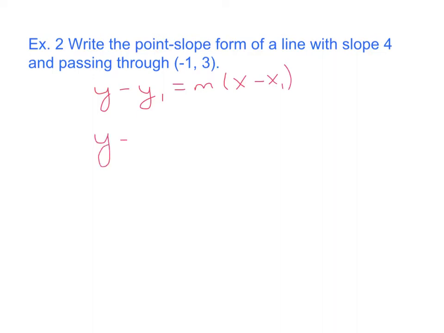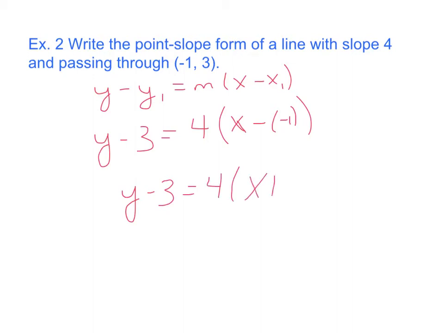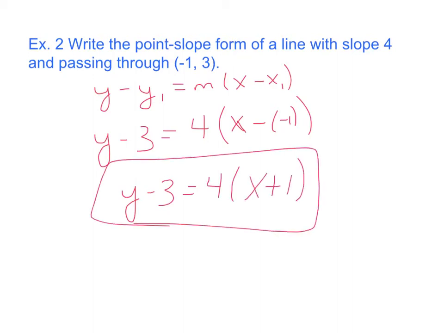So y1 is going to be 3, so y minus 3. m is the slope, that's 4, and this would be x minus x1, which is -1. So all we need to do is clean that up a little bit, and I have 4 times x plus 1, and that would be sufficient. That is the point slope form of the line with a slope of 4 and passing through the point -1, 3.